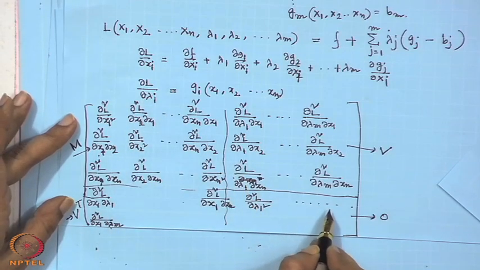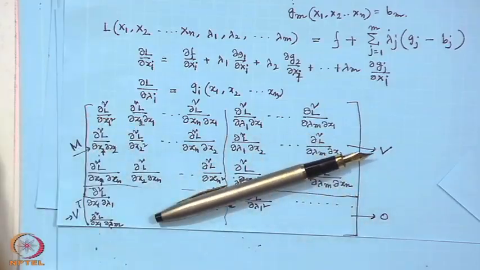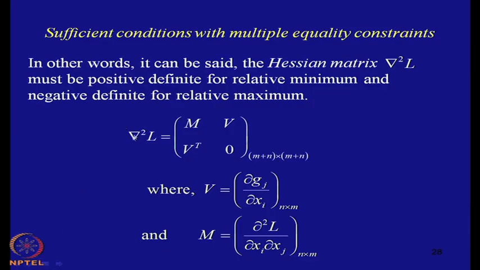Similarly for the other terms as well. That is why we can say that del 2L is equal to the matrix M, V, V transpose and 0, where M is equal to del 2L by del xi del xj and V is equal to del gj by del xi, and this block is equal to 0. We will see in the next video with an example how the same Hessian matrix is constructed for a given numerical example.